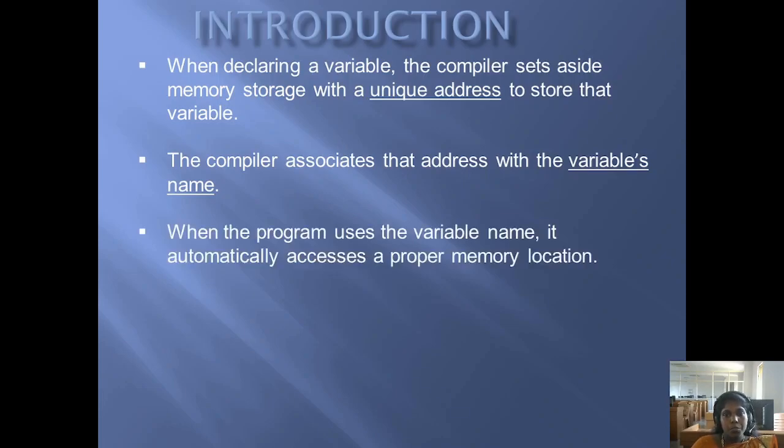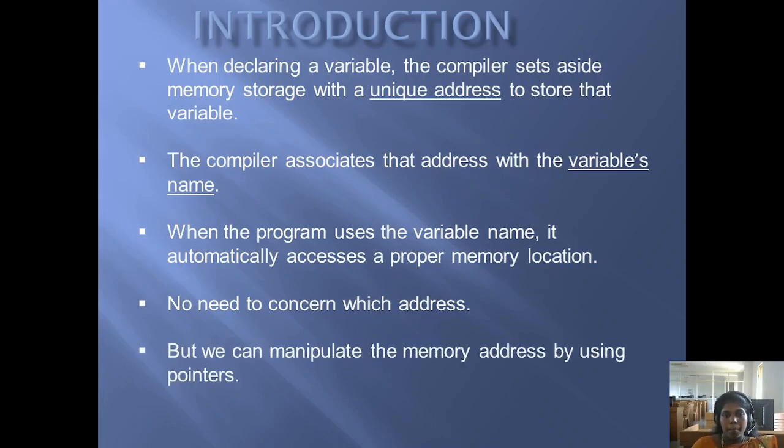When the program uses this variable name, it automatically accesses that memory location only. No need to concern which address. The name automatically means that address. But we can manipulate that memory address by using pointers.